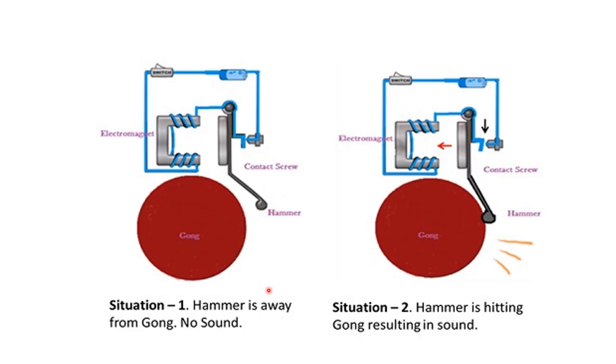Now, let's check situation number 2. Hammer is hitting gong resulting in sound. You can check here that the contact screw and the armature are disconnected, because of which the hammer strikes on the gong and it produces sound.